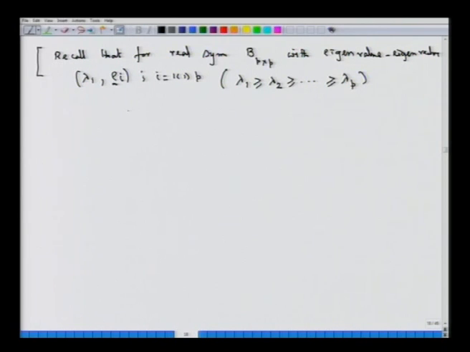With such a structure, consider the maximum over x of x prime Bx divided by x prime x.